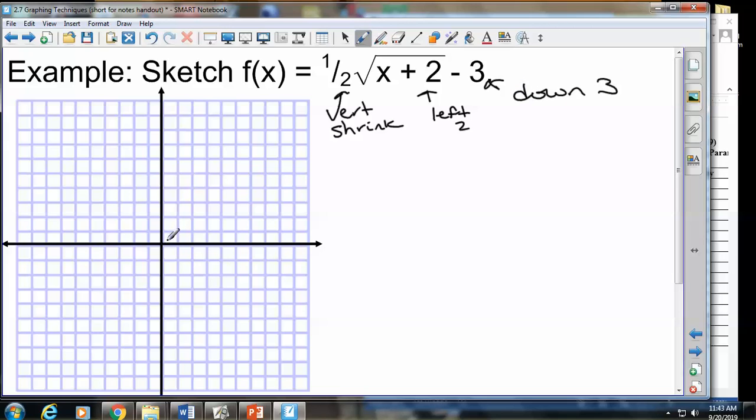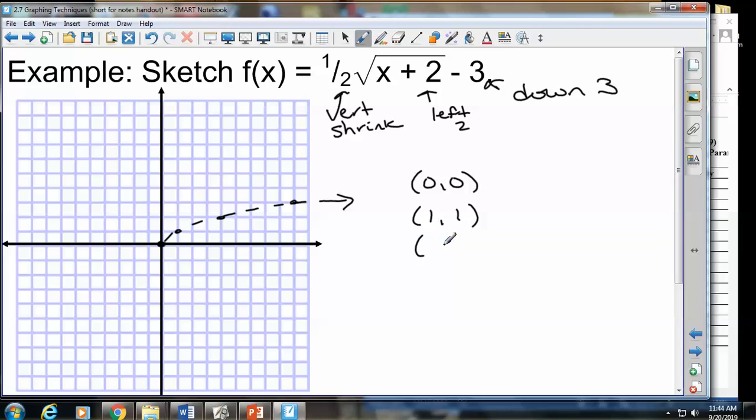Down 3. Okay, parent function is the square root. Square root of 0 is 0. 1, 1, 4, 2, 9, 3. If it helps you, you can write out your points.